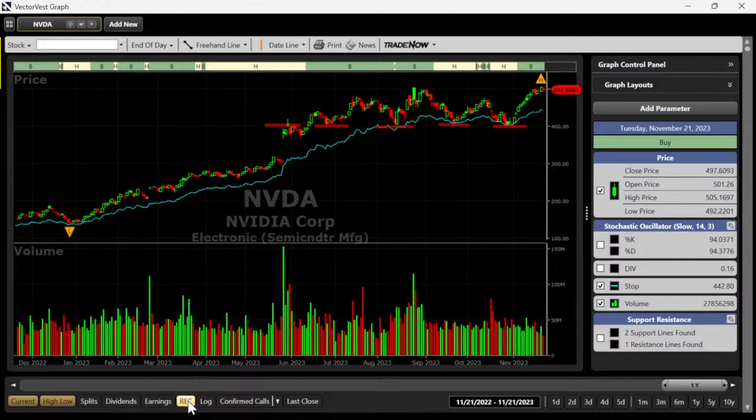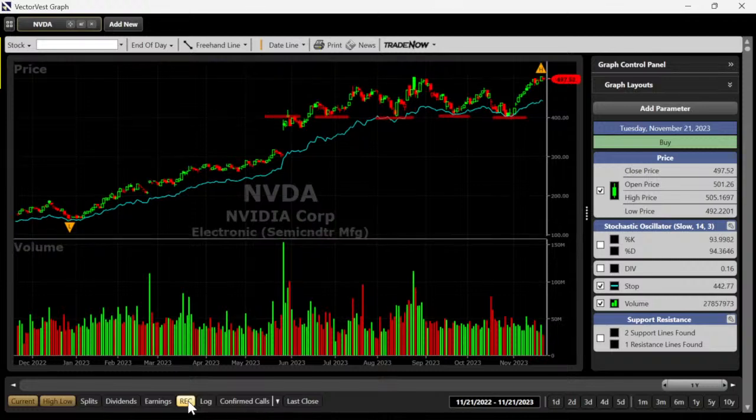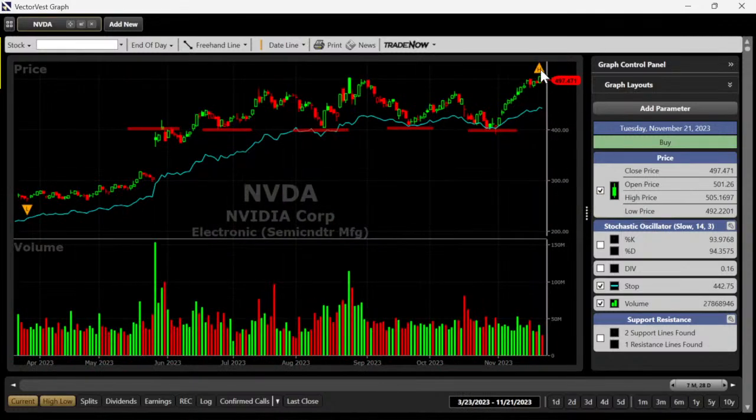It's just coming off of a new 52-week high. Is this a trade that I would look to take? Well, first off, is this an opportunity to buy this stock as a long-term investment? I'd say yes. Right now, I'd say I want to wait for another little high. The stock is down a little bit today. It's kind of consolidating a little bit over the last couple of days.